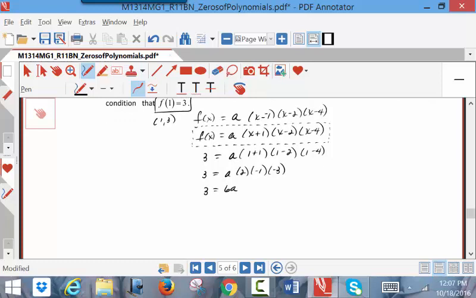And so oddly enough, and this is not normal, your A value turns out to be a half again, but this time it's a positive a half. And so your answer is that your function is a positive 1/2 times x plus 1 times x minus 2 times x minus 4.